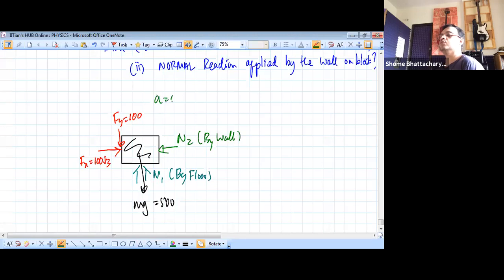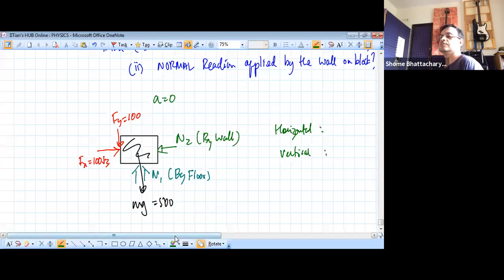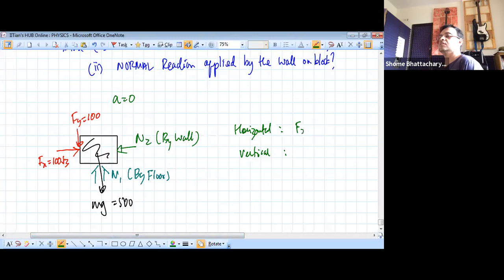Now the acceleration of the block should be 0. So both horizontal and vertical forces should balance. So Fx should be balanced by N2.